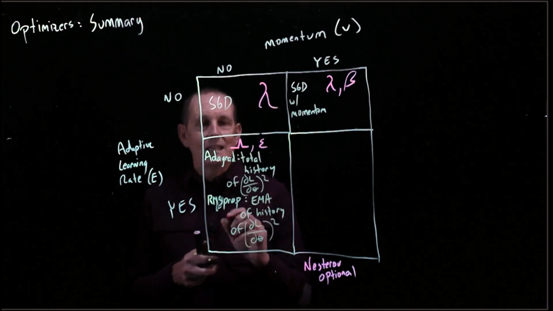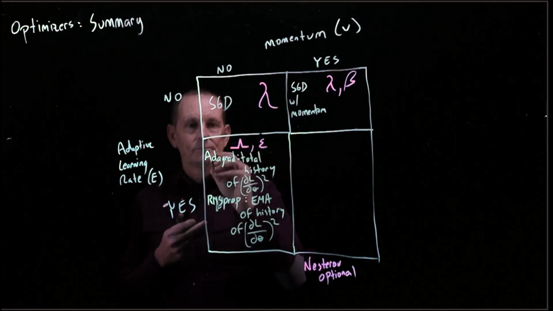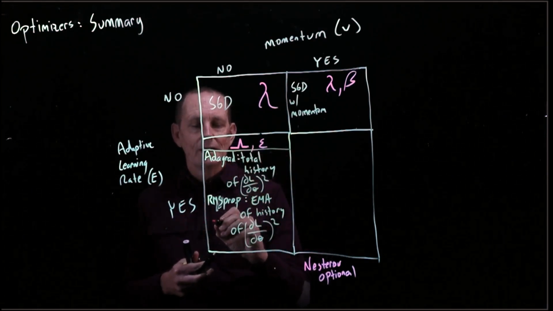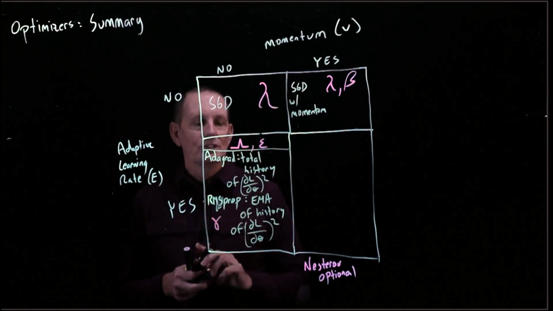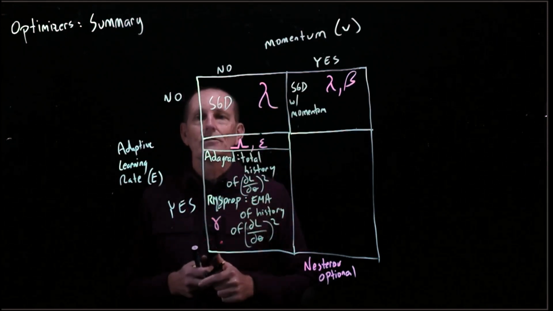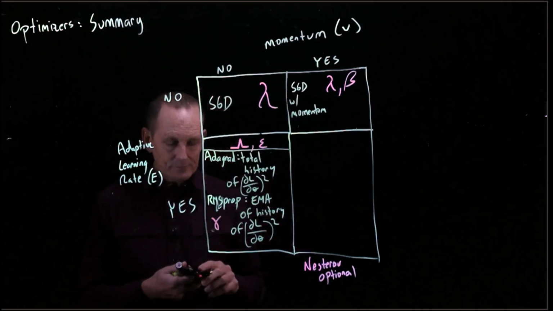We still have the lambda and the epsilon for this whole group, but then we also add in gamma, which is what constant to use for our exponential moving average.